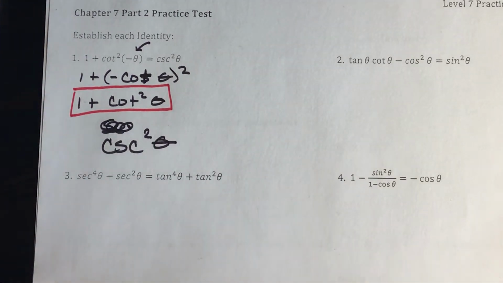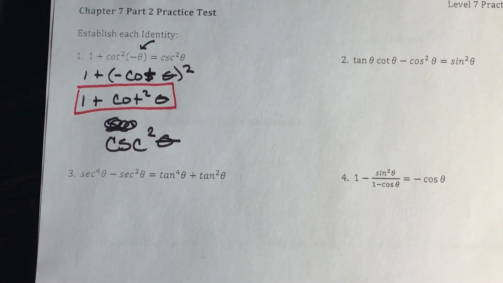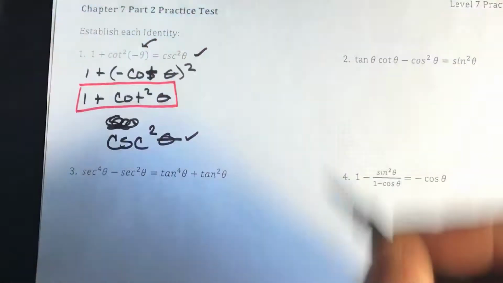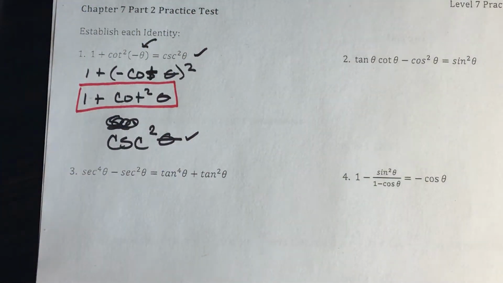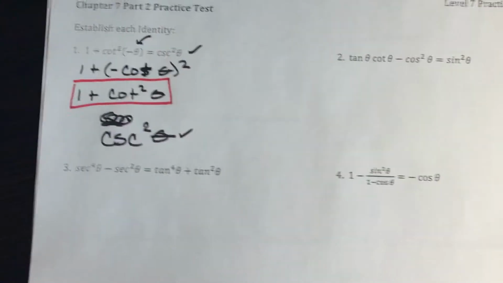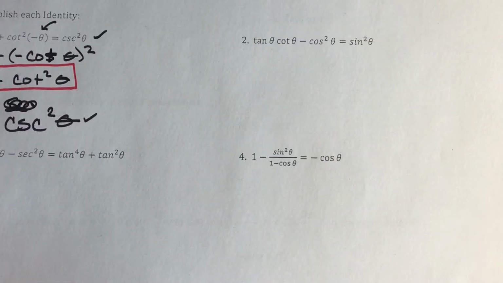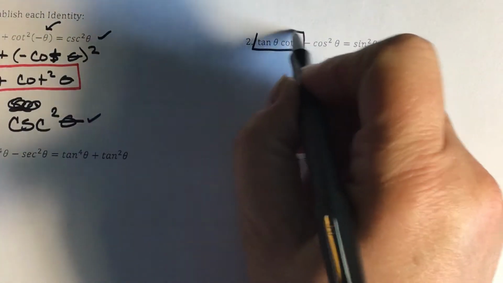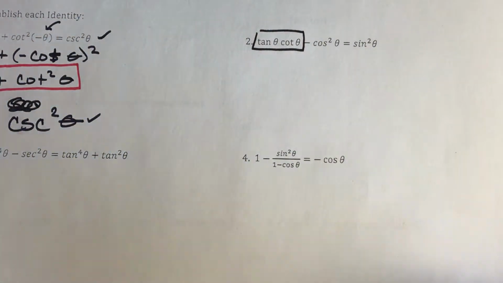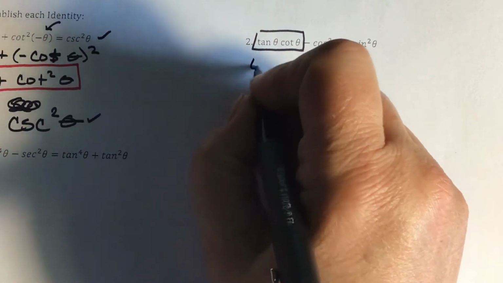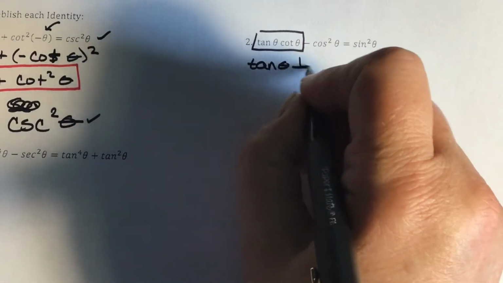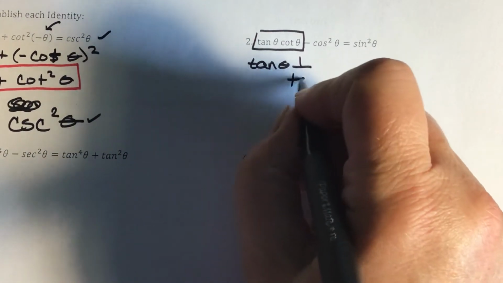All right, so we're looking to show that the left side has the same value as the right side. In number 2, I have tangent and cotangent. Now these are reciprocals. I can write cotangent as 1 over tangent.